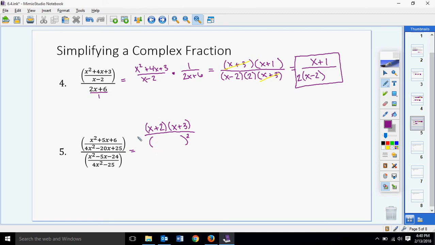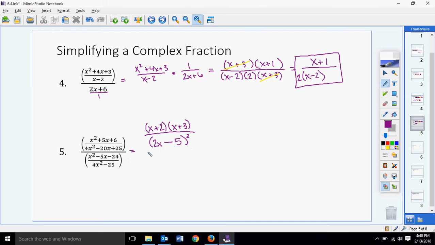In the first space is the first thing being squared. So 2x would give us 4x squared. And the last position is the last thing being squared. So that would be the number 5. 5 squared would give us 25. And then how did we determine what sign went here? Is it a plus or a minus? Well, the very first sign is minus, so a minus sign would go there. Okay, that's the numerator factored.